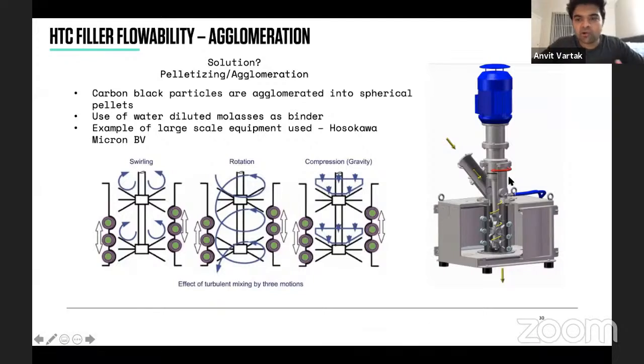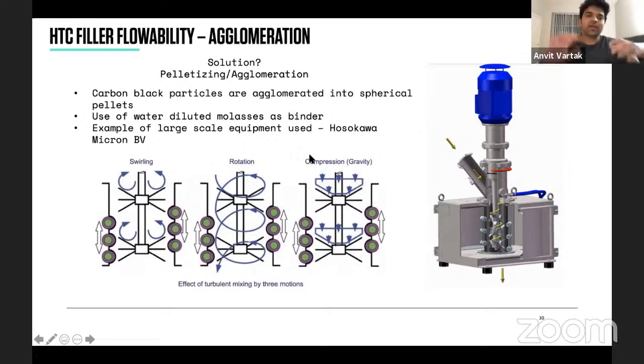And the binder can also be mostly water, wherein the particles bind together because of presence of water, and then you dry off the water and make those nice free flowing particles. But this is $1 million equipment, and you don't even know if that will work for your material or not.